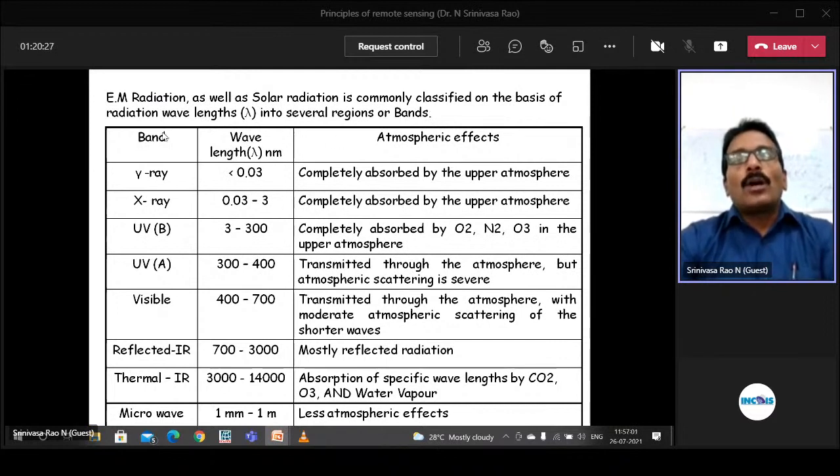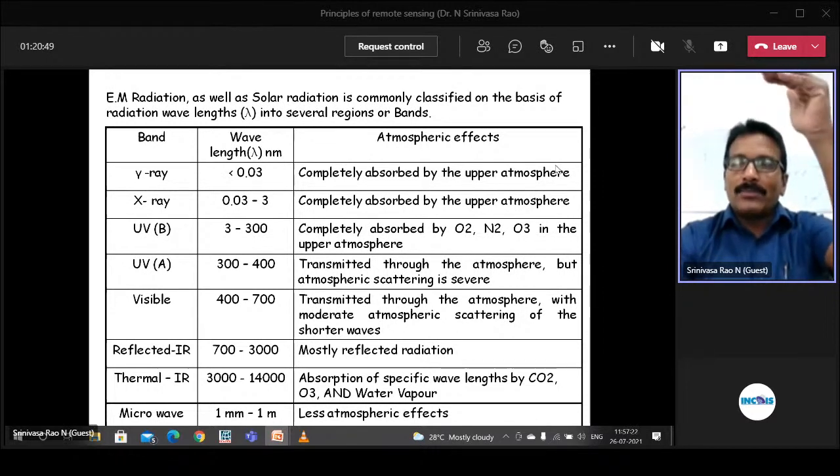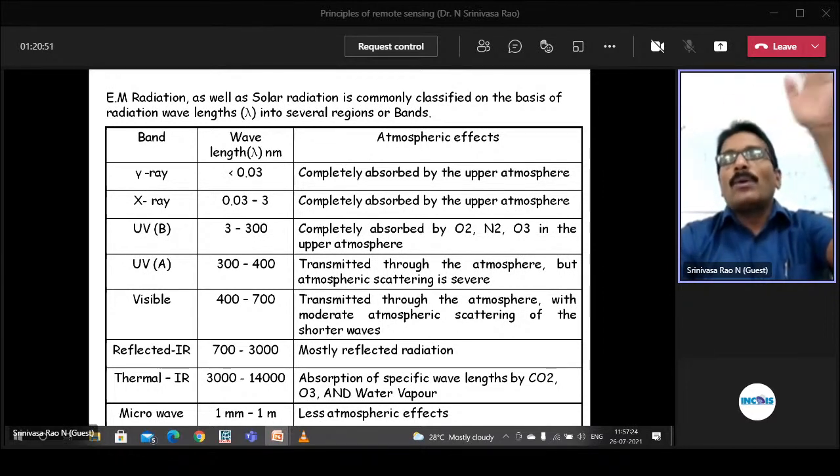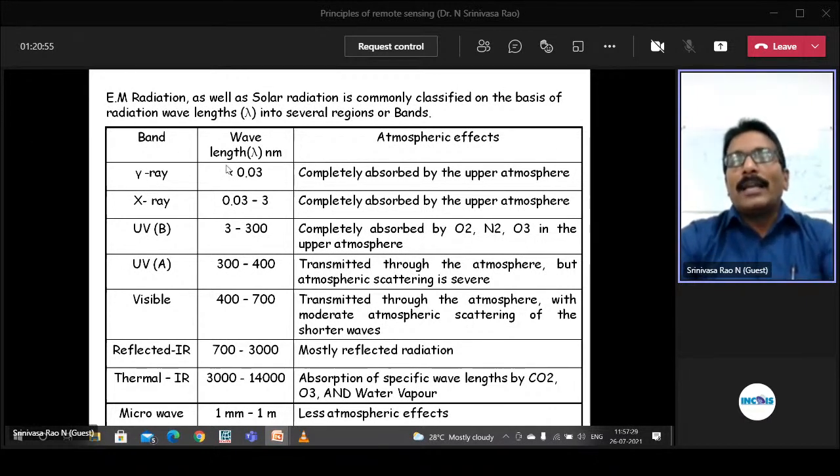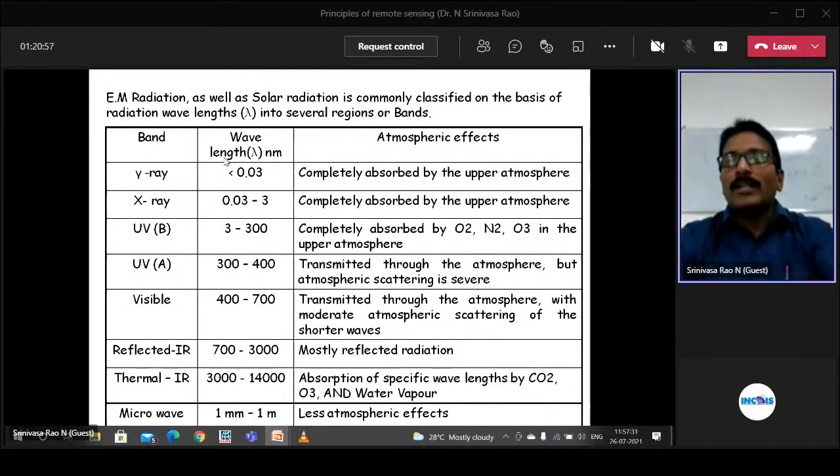Radiation means light, as I already mentioned; don't confuse it. If the wavelength is less than 0.03 nanometers, we call it gamma rays. Once gamma rays enter the atmosphere, they are completely absorbed by the upper atmosphere. Whatever gamma rays come from the sun are absorbed at the top of the atmosphere and do not reach the ground. If the wavelength is less, it contains more energy.